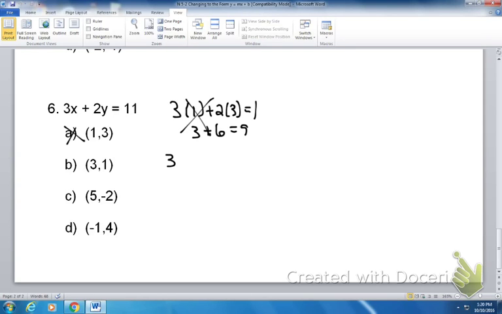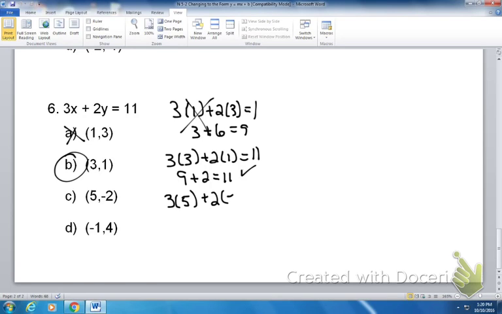The next one, I have 3 times 3 plus 2 times 1, hopefully equaling 11. 3 times 3 is 9, plus 2 times 1 is 2, does equal 11, so B is an answer choice. The next one, 3 times 5 plus 2 times negative 2, let's see if that equals 11. That's 15 minus 4 is 11, so we got another one that worked.